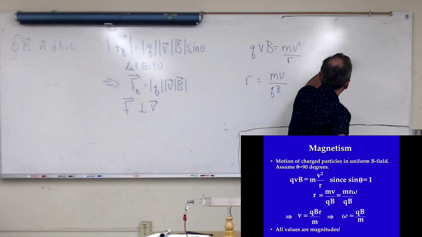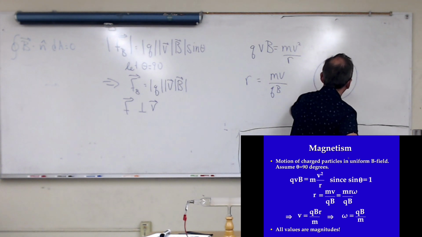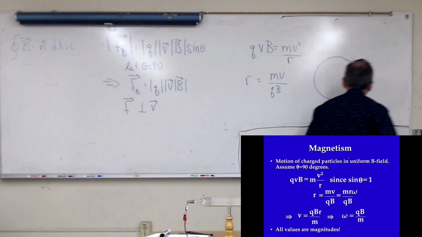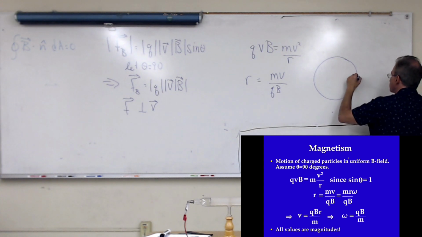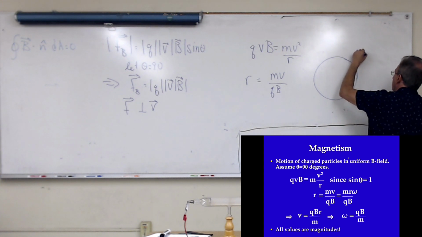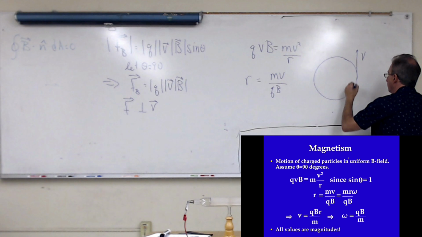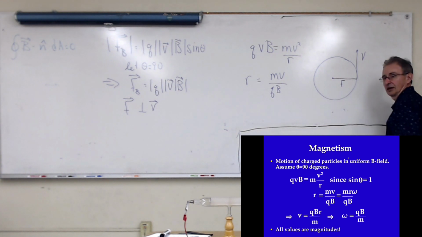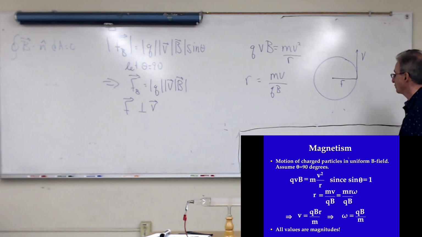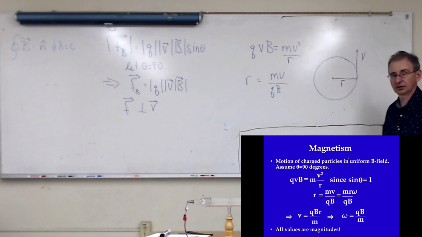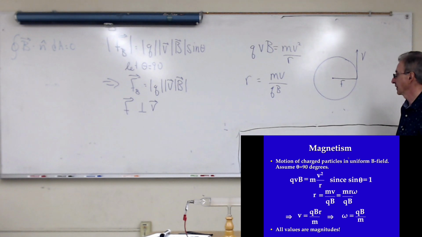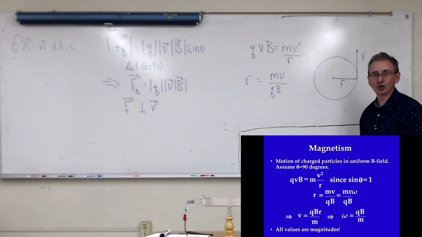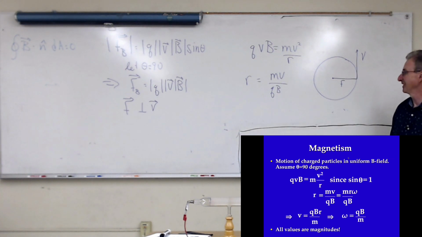So when you put a charged particle in the magnetic field, the particle will go in a circle. The force will be towards the center of the circle. And the radius is given by this expression. Notice that the m times v is momentum, right?